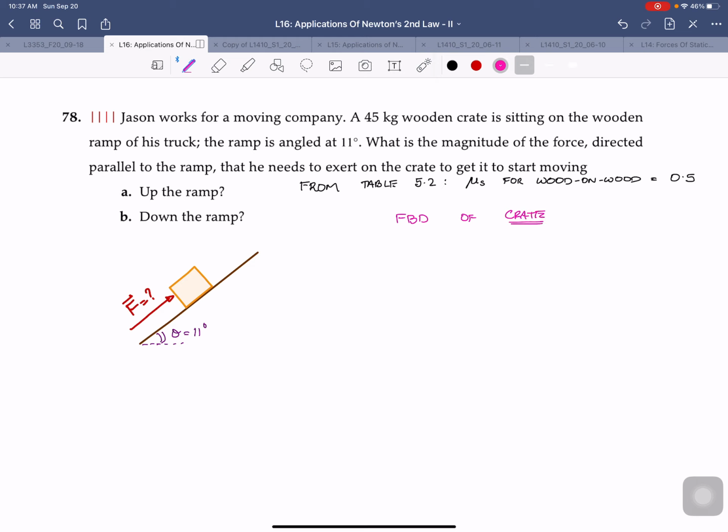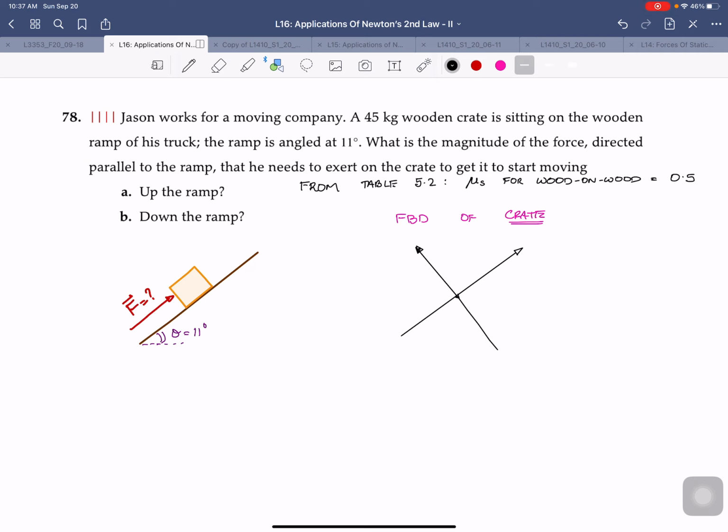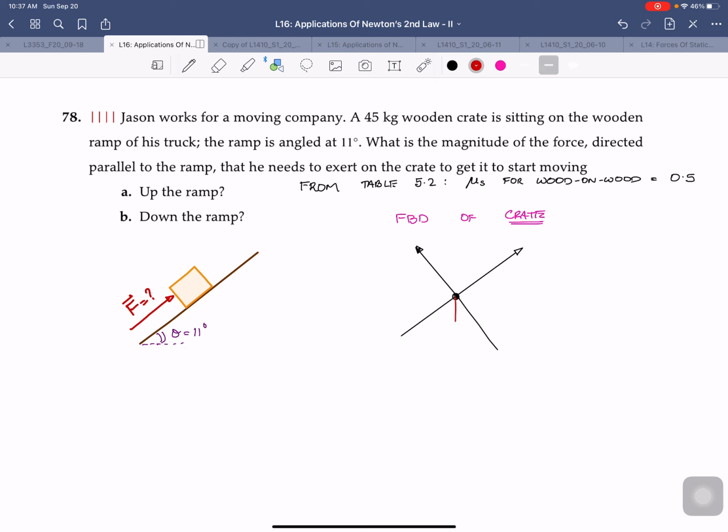The first step is to choose our x-axis along the incline and y-axis perpendicular to the incline. The forces acting on the crate are the weight of the crate in the downward direction.